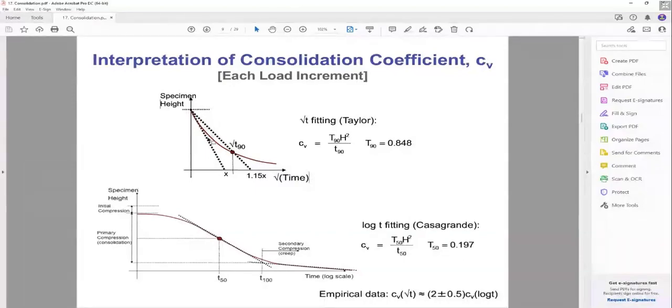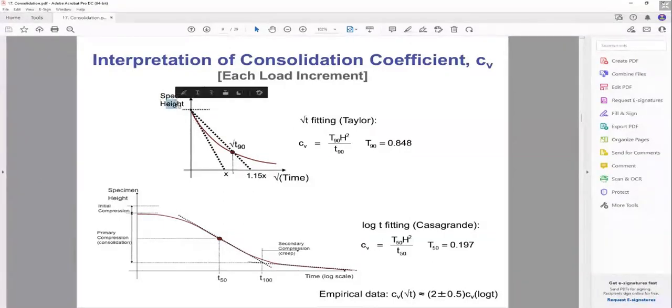Draw a straight line to a point X, then calculate a point 1.15X, trace it back to the original height of the specimen where it touches the curve, and that gives you time t90.